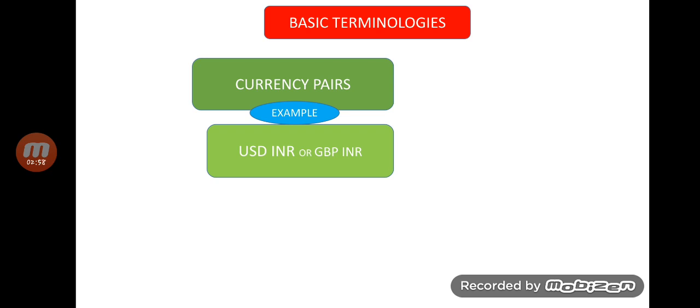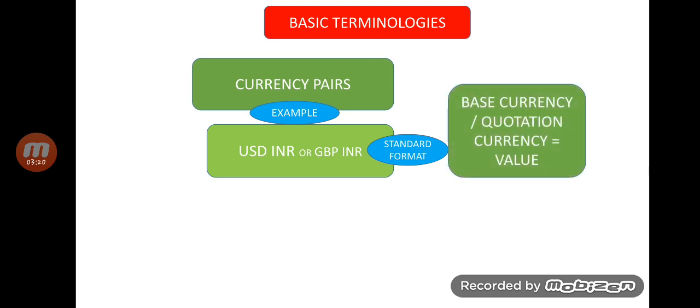Whenever anyone trades in the foreign exchange market, they buy currency pairs like USD INR, US dollar and Indian rupees, or GBP INR, Great Britain pound and Indian rupees. These currency pairs have a standard format known as base currency and quotation currency. Base currency divided by quotation currency gives the value.